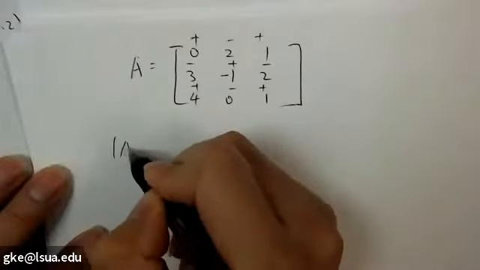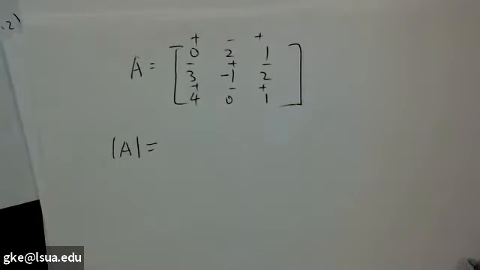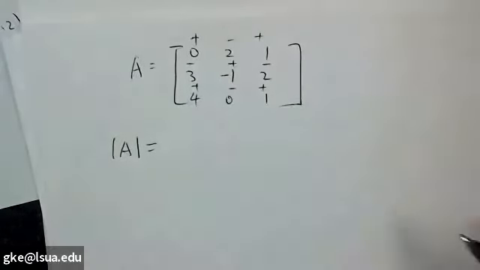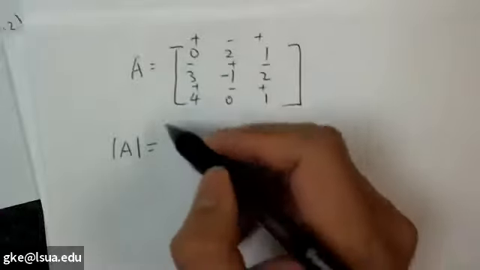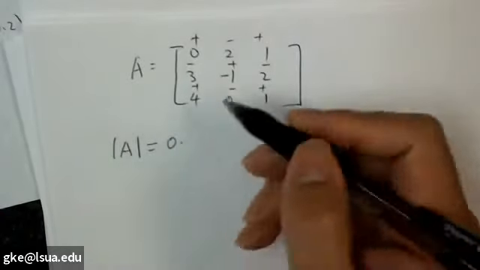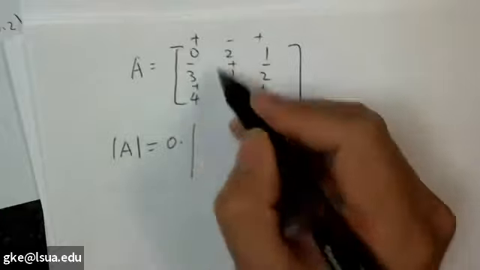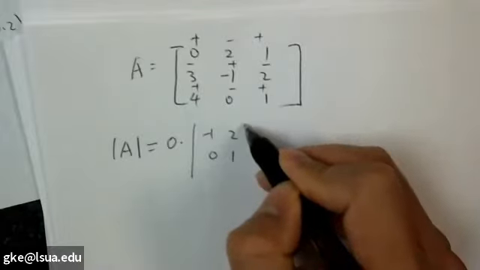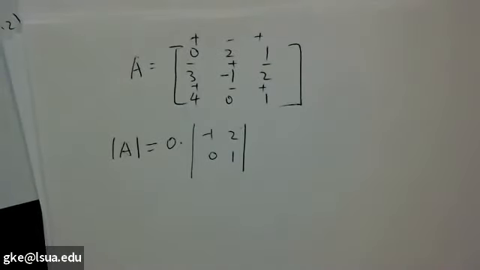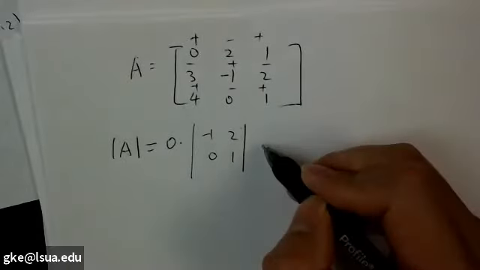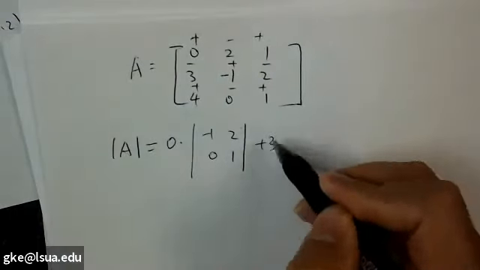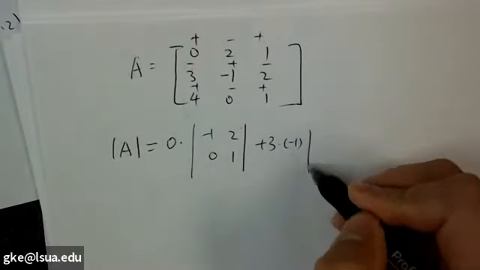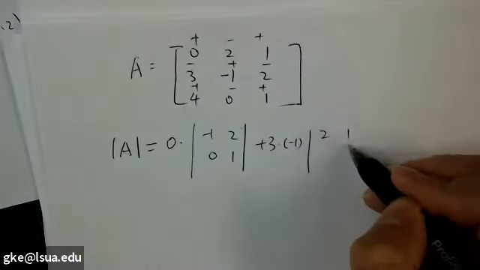Now we can calculate if we expand A according to the first column. The first entry, A11, is 0 and it's positive, so we just write down the minor. The second one is 3 times the negative, and crossing out, we get 1, 2, 0, 1.